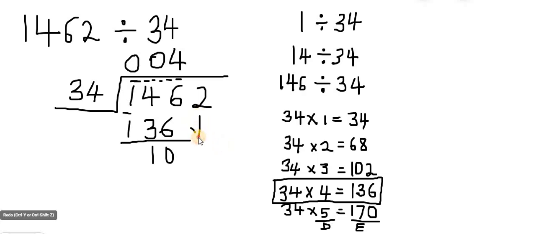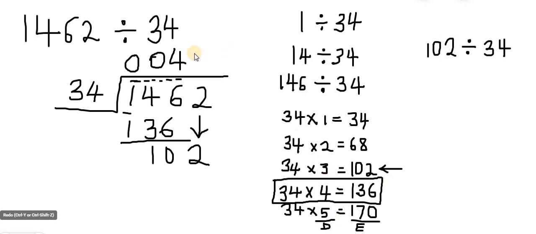So we bring down our remaining 2. So now we have 102 divided by 34. So we go back to the times table. We try to find a number that's 102. Oh, surprise, there is one here. So to pick the number of 34s in 102, we go to column D. On that line, 3.